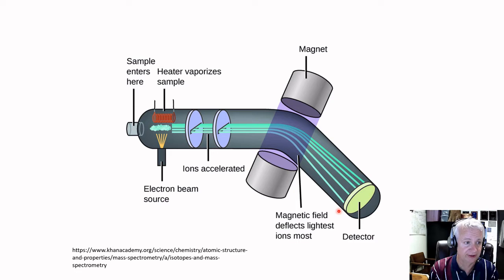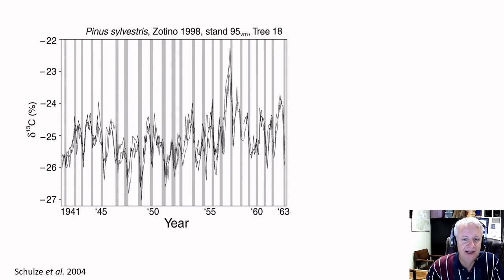Really powerful technique that can be used to look at those ratios in the sample that you put into the elemental analyzer. And that's how you get the data that we're going to look at. There are many ways that stable isotopes have been used to analyze plant physiology.